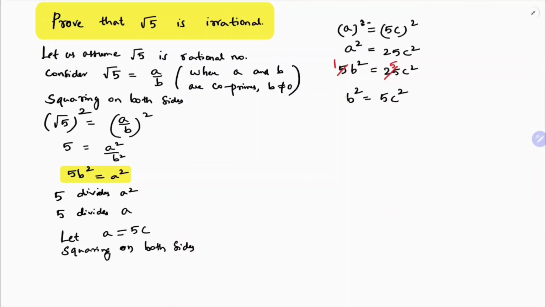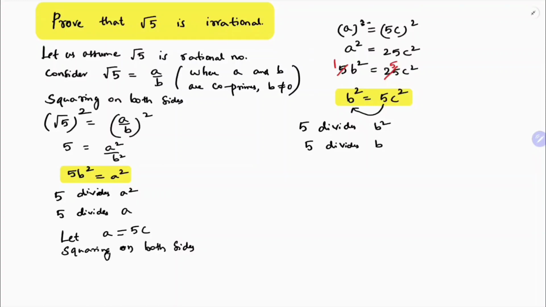So here 5 divides b square. If 5 divides b square, then definitely 5 divides b.